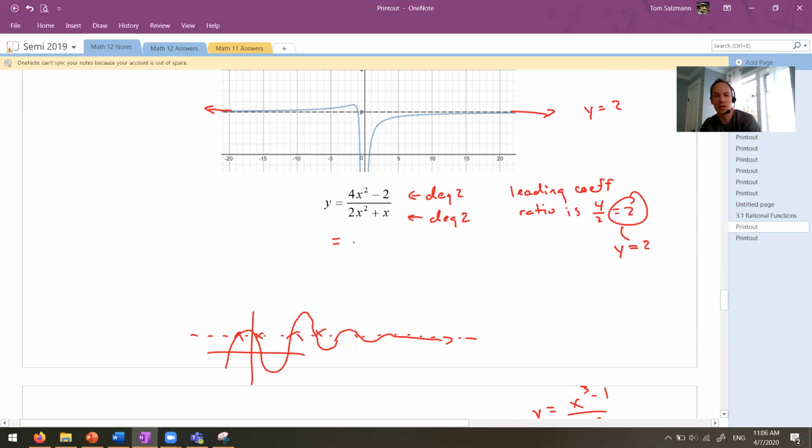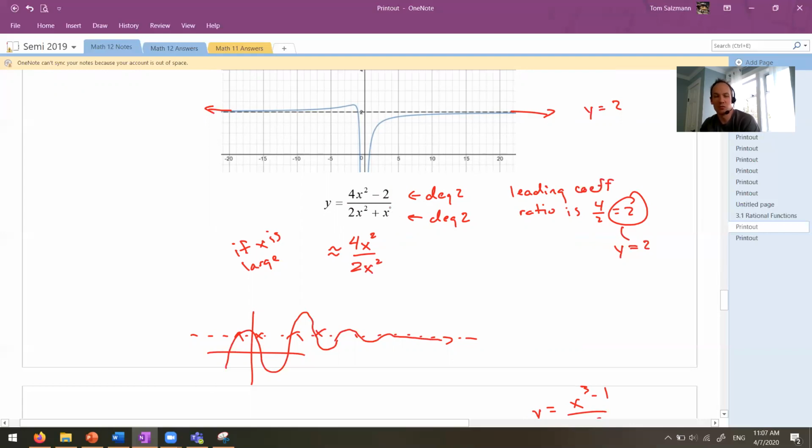This is negligible. I'm not going to use an equal sign, I'm going to write a squiggly: that's approximately equal to 4x squared if x is super large. Even on the bottom, 2x squared plus x, yeah, x is worth something, but 2x squared is going to be way bigger. So I'm just going to ignore the 2 and the x.